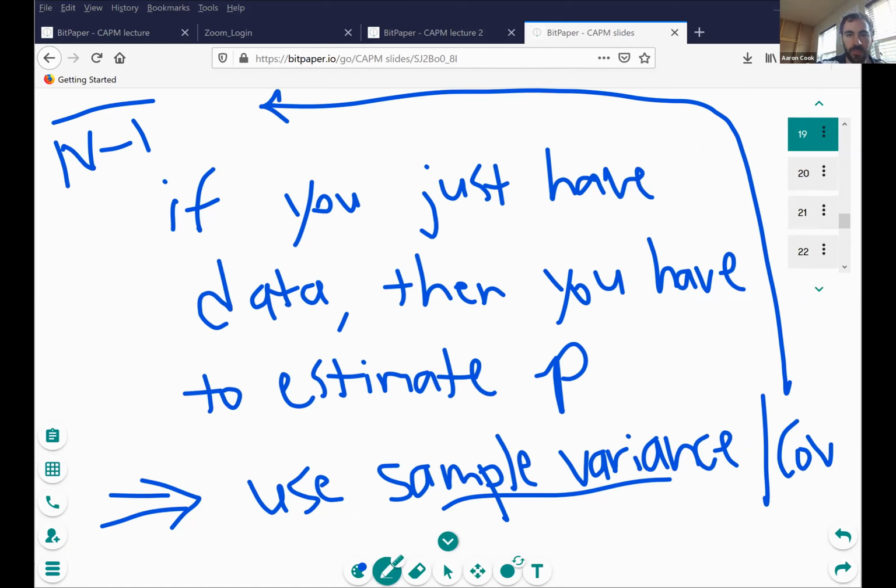N minus 1 would be for the sample variance and sample covariance. That's a good question. Yeah, so that was a population variance. We knew the probabilities. We were assuming that we knew the probabilities. In this case, if it's just estimating those p's, then we're using the sample, and in that case, n minus 1 is in the denominator.